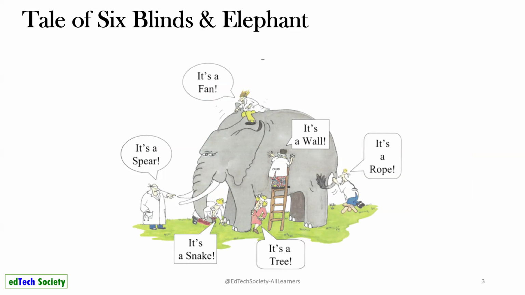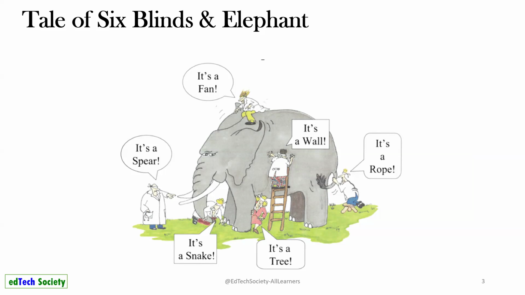this is again one more pictorial view. This is the famous tale of the six blind men and the elephant, where six blind people are trying to touch and feel the different body parts of an elephant, and based on their understanding, their need, or their knowledge, they are explaining the different body parts of the elephant with a known object.